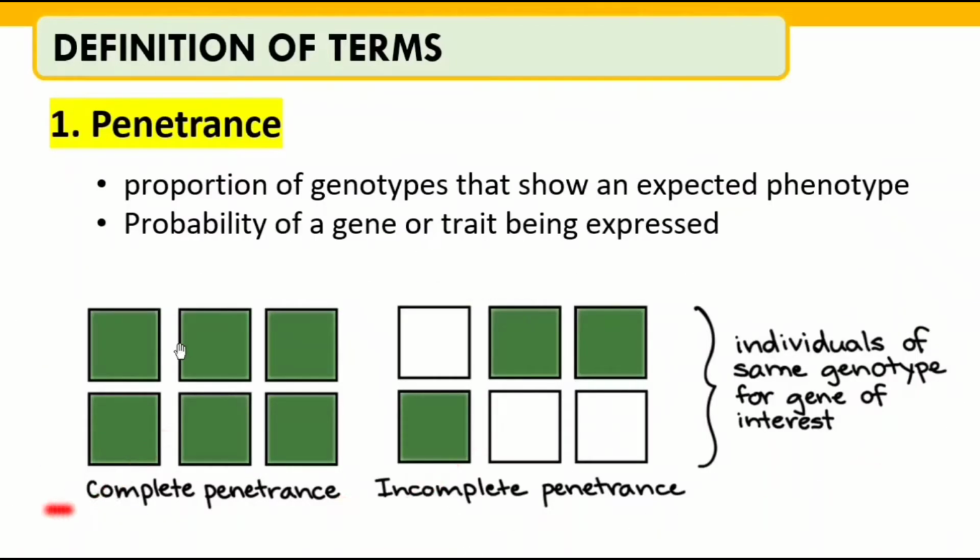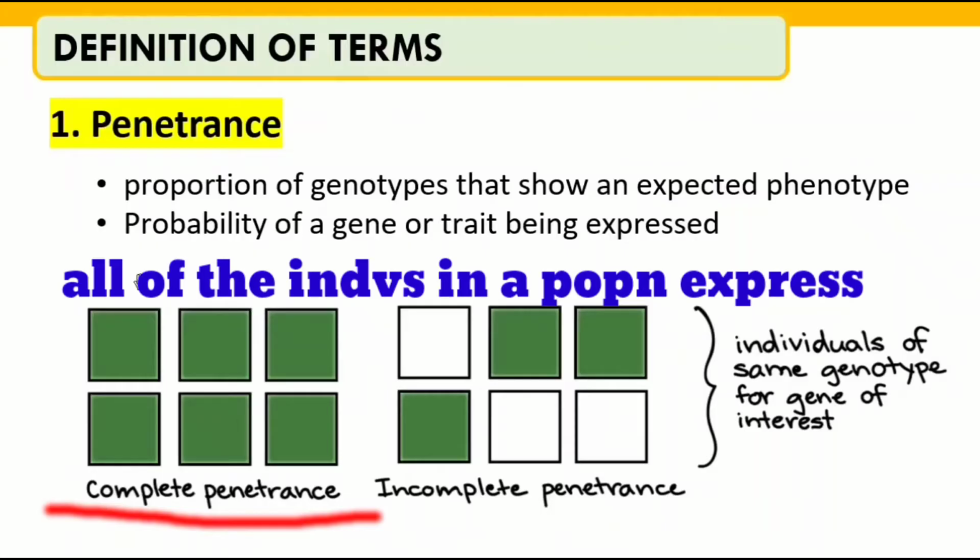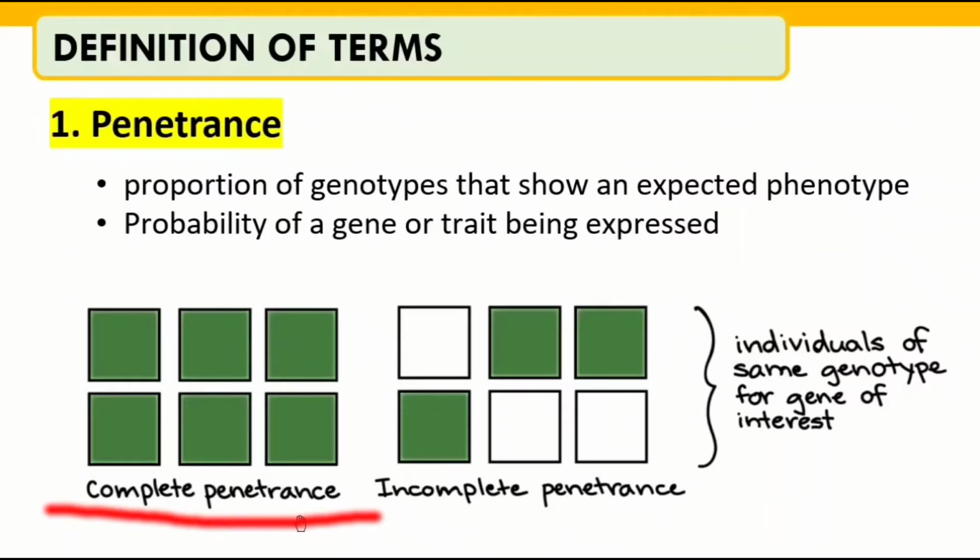So complete penetrance, nasa-show lahat yung expression, yung phenotypic expression. Say, sa pag-determine kasi ng penetrance, if it is complete or incomplete, we consider the population. If all of the individuals in a population express or show the expected phenotype, then we have a complete penetrance.